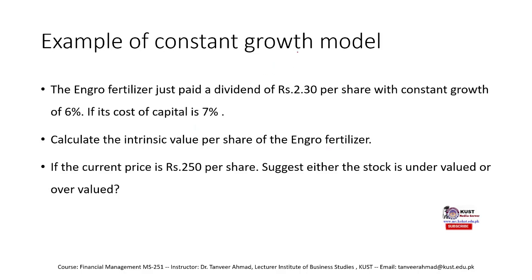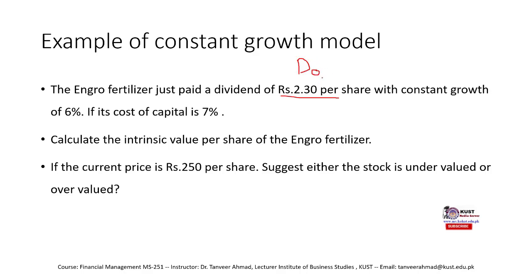This is the example that will help us understand the constant growth model and how we find the intrinsic value. This example is related to agro fertilizer. The agro fertilizer just paid a dividend of 2.30 rupees per share. Whenever they say that they just paid the dividend, we immediately know that it is D naught.